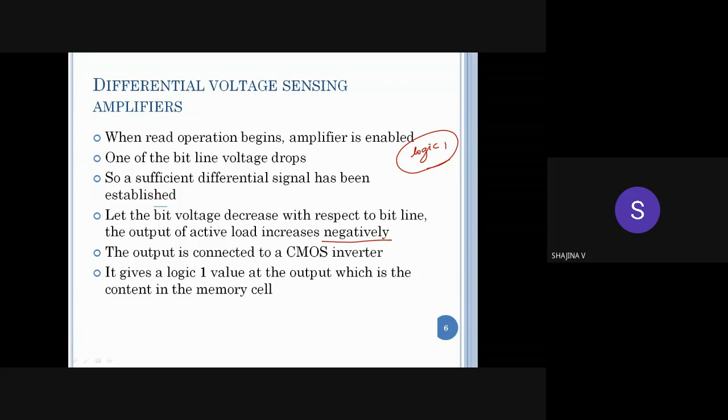Now this value is connected to a CMOS inverter. Correspondingly the CMOS inverter produces a logic 1 value at the output, which is the actual content of the memory location. So this is the working of the differential voltage sensing amplifier.